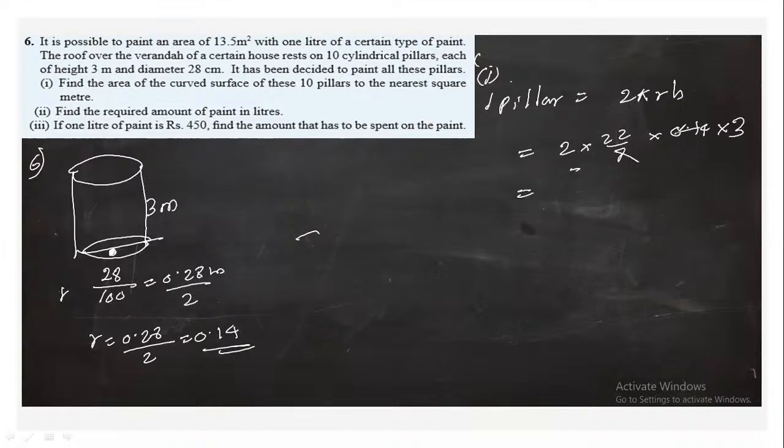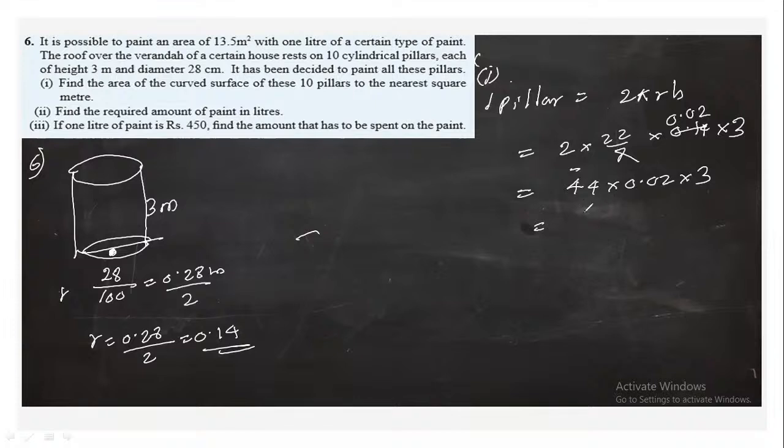This is 0.14, and then here 0 and this is 0.02 coming, right? Then 2 into 22, 44, into 0.02 into 3. That is the mistake I have done, a decimal place mistake. I straightly put 0.2. I want to say the mistake also.